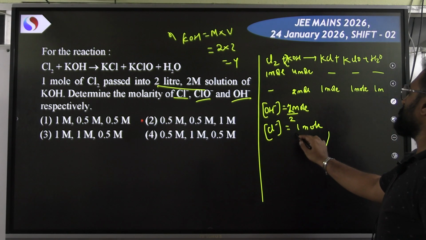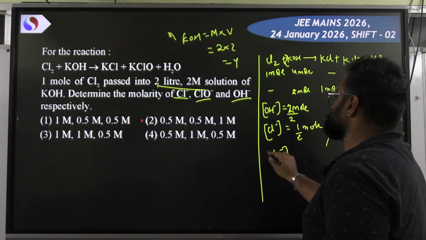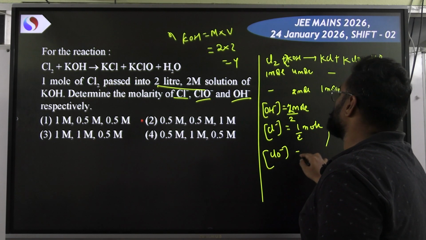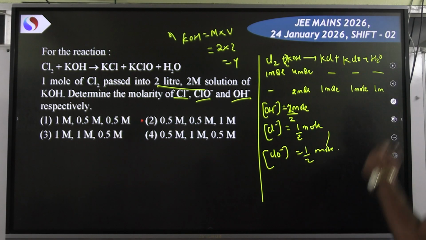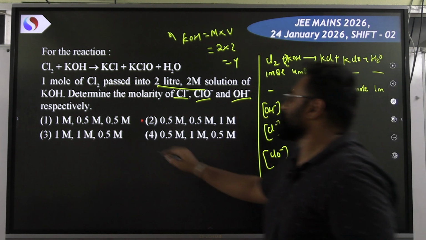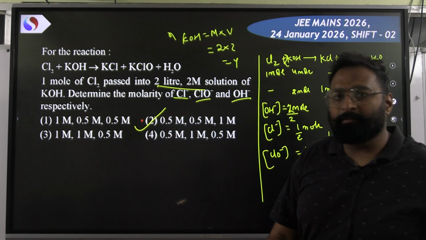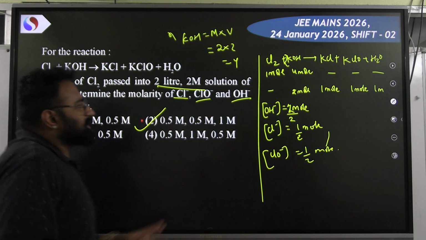For KCl, 1 mole divided by 2 liters. And for ClO minus, 1 mole divided by 2 liters. So 0.5. Cl minus will be 0.5, ClO minus will be 0.5 and OH minus will be 0.1. So option number 2 is correct for this question.